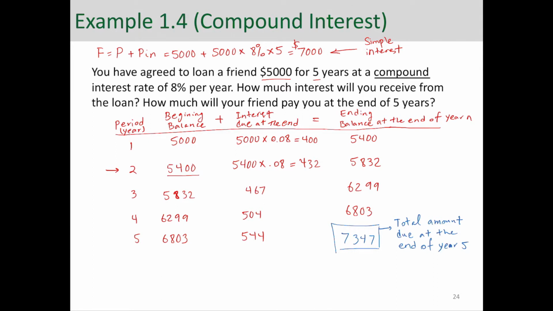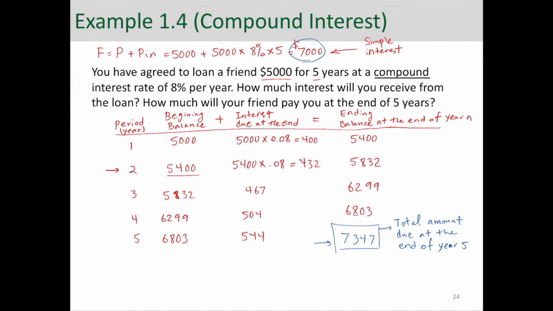So that's the money that your friend is going to pay you back. And if you compare this money right here with the simple interest rate, which was up here, you see that there is $347 more. And that's the impact of compounding. That's the difference. So now you understand how compound interest rate works.